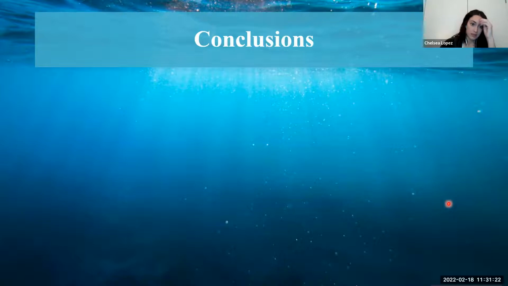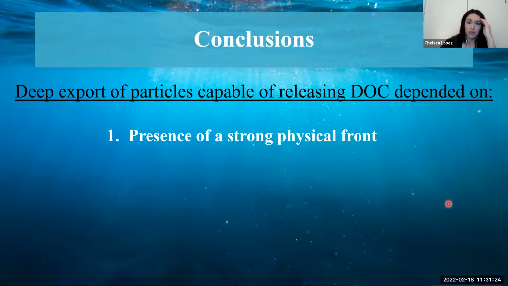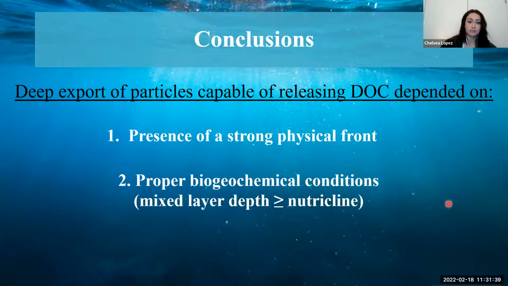So conclusions from this data and this analysis, we saw that deep export of particles was occurring, and then we saw DOC being released in those enrichments. And it seemed to be dependent on the presence of a strong physical front, but we do not see it in one of the fronts. And why is that?